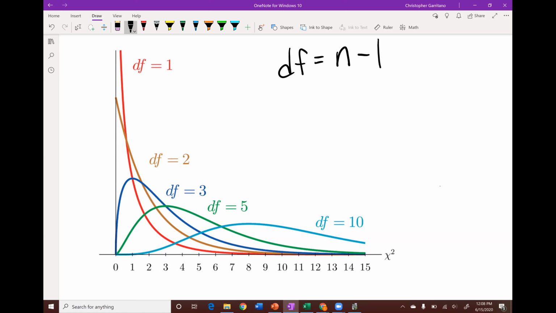It's just extremely unlikely to ever get exactly what you expect in a categorical distribution of proportions. All right, so hopefully this gives you a little bit of insight into how we calculate the p-value, and that's what we're going to discuss next.